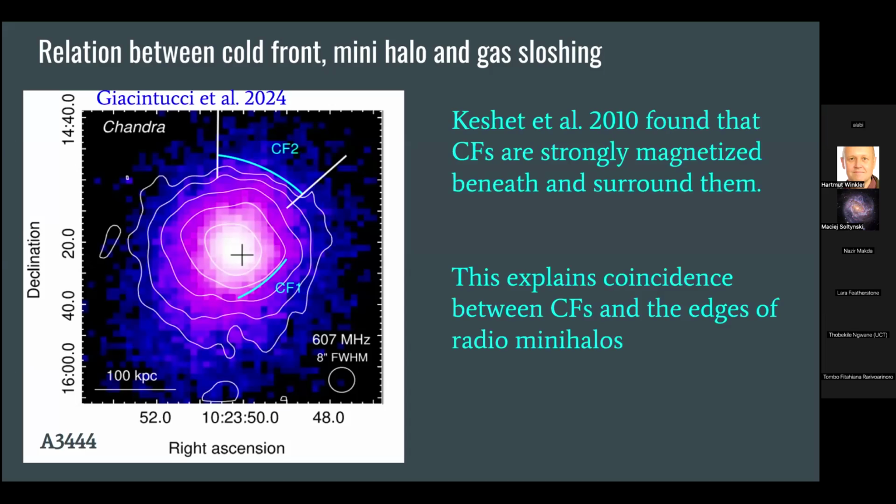This implies a coincidence between the cold fronts and the edges of a mini halo. The physics is very complicated, but the formation mechanism of cold fronts and mini halos is because of the turbulence and sloshing occurring in the intracluster medium.